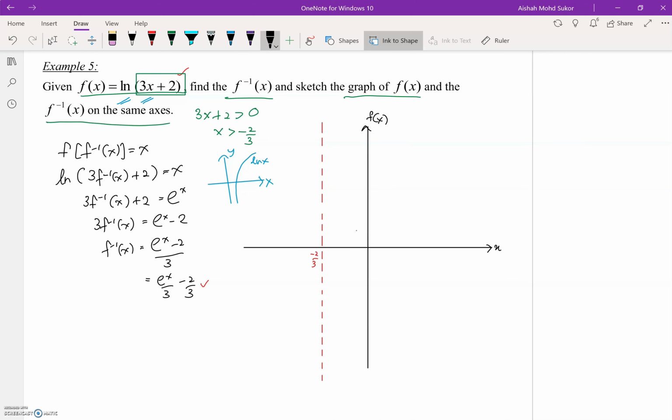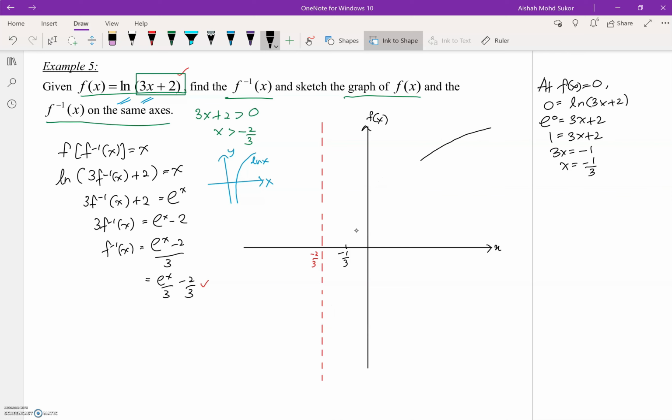Now we need to find the x-intercept. At f(x) equal to 0, 0 is equal to ln(3x plus 2). e^0 is equal to 3x plus 2. 1 is equal to 3x plus 2. So 3x is equal to negative 1. x is equal to negative 1 over 3. So this is negative 1 over 3.